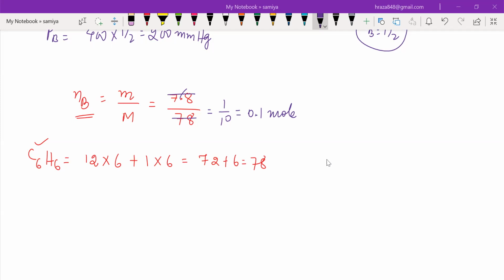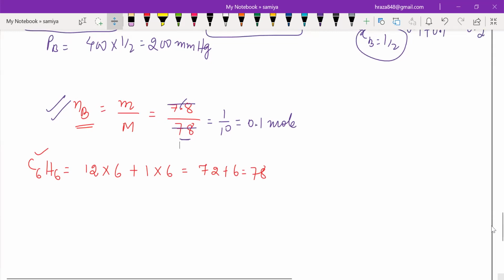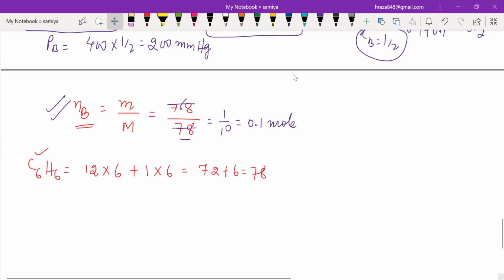Darshan, are you there? So, do you know how I just calculated this molar mass concept? Clear? There will definitely be a question on this.